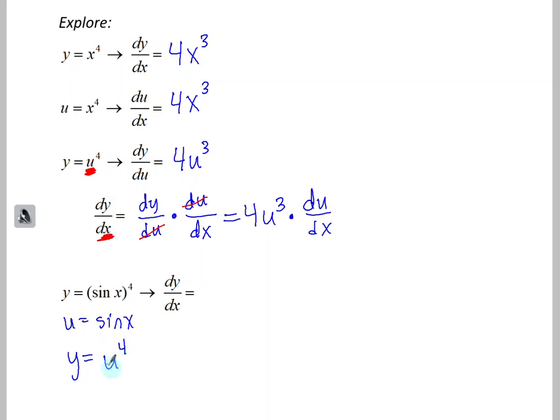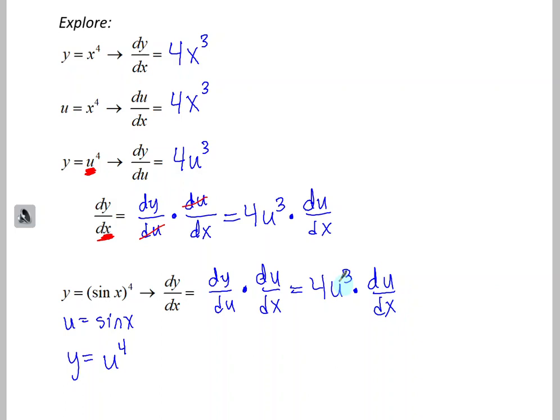Now, because we're using a different letter, and I still want dy/dx, I have to use the chain rule. So remember, dy/dx will be dy/du, because we now have y as a function of u, times du/dx. So similarly to what we did above, dy/du means the derivative of y with respect to u, which is 4u cubed times du/dx.